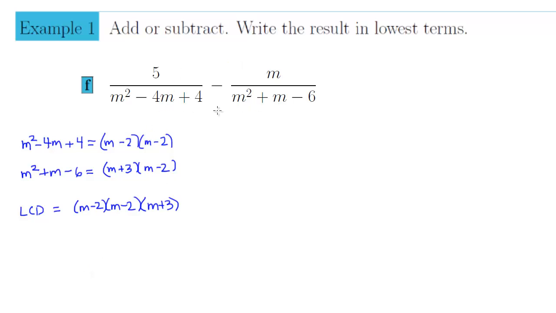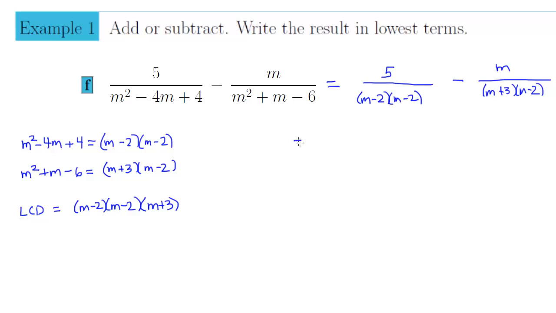Let's go back to our problem. Let's rewrite it first. 5 over, and let me write this out in factored form, m minus 2 times m minus 2, minus m over, and again write this out in factored form, m plus 3 times m minus 2.